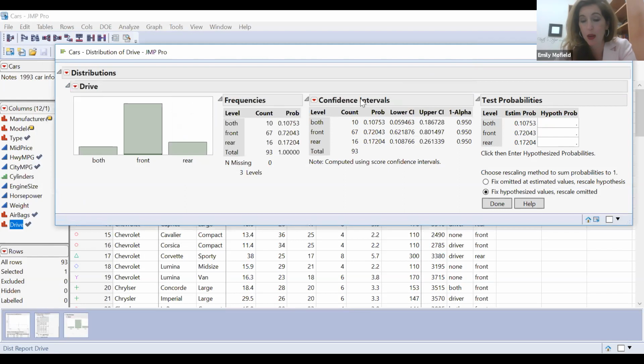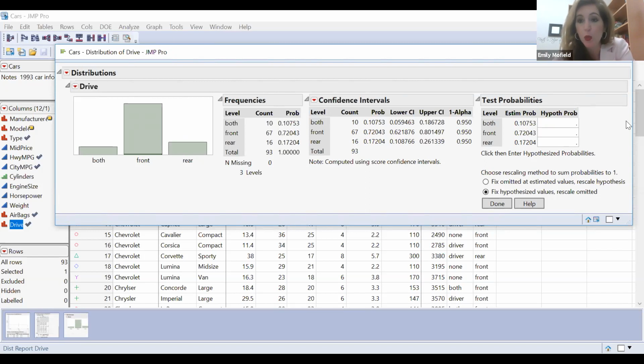Here's the hard part about a goodness of fit test for chi-square. You have to think, well, what do I expect to see? What is it I'm actually wanting to test for? So what you would have to do is read up on the literature and understand, in Tennessee, what is the proportion of front wheel drive, both wheel drive, and rear wheel drive, and find that in the literature.